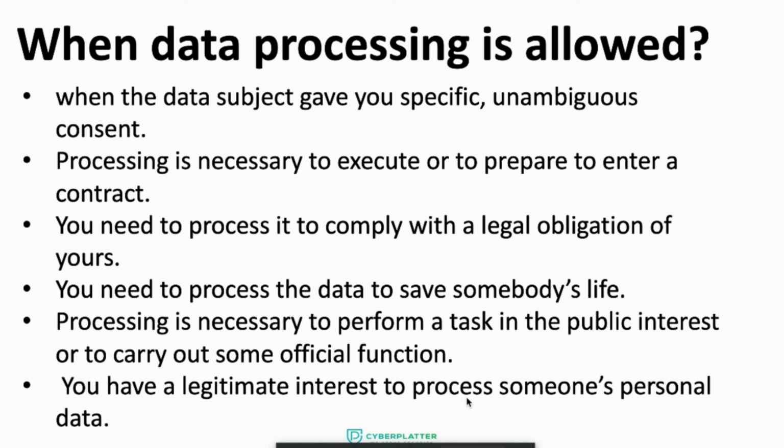For example, you are leasing a property to the data subject and you need to run a background check on that person, then the processing is allowed. Or in case you want to comply with a legal obligation or save someone's life, or you have a legitimate interest, in these scenarios, you can process the data.